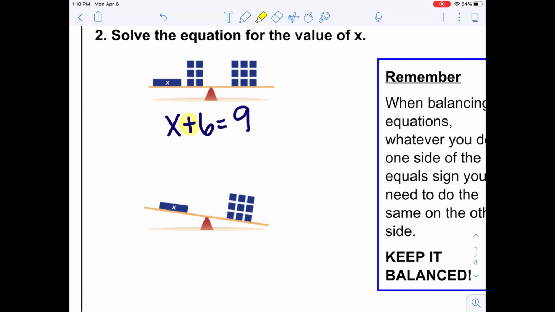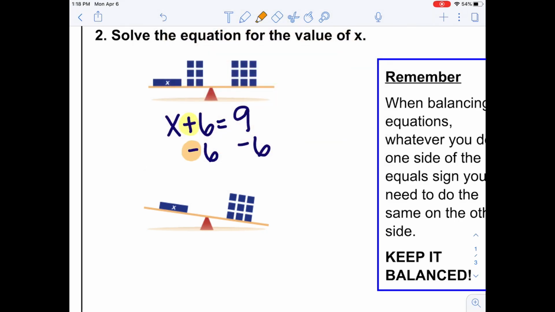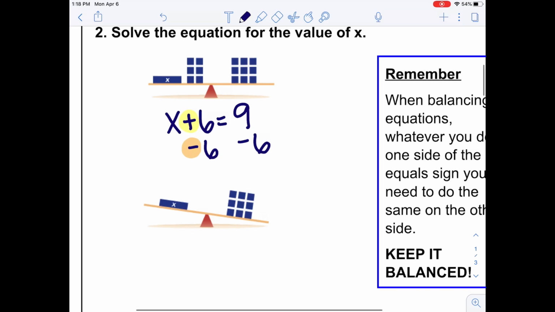Okay, but to undo that, or to get x by itself, I need to do the inverse or the opposite operation of adding 6, which would be to subtract 6 from both sides. Okay, opposite operation, that inverse, I'm going to subtract 6. These cancel out, so now I'm left with just x, but on the left side, now I have 9 minus 6. I need to take 9 minus 6.